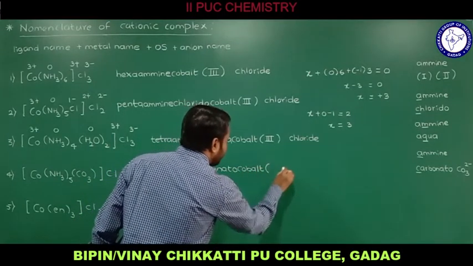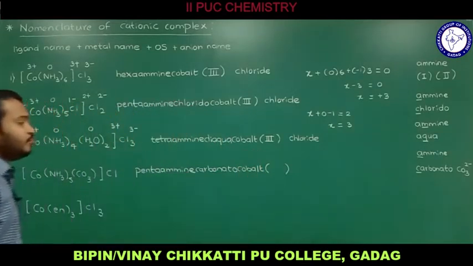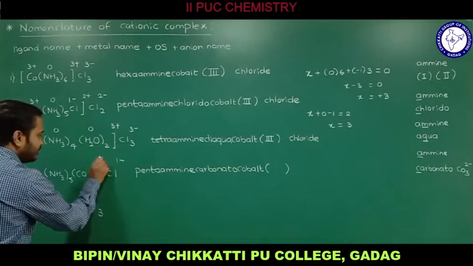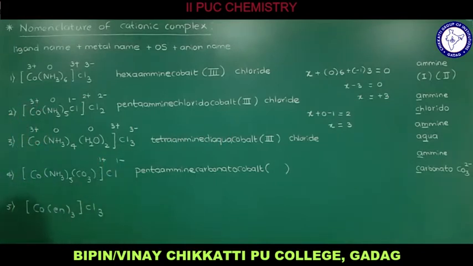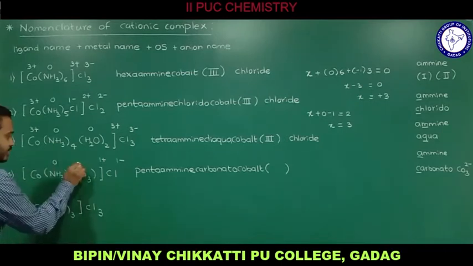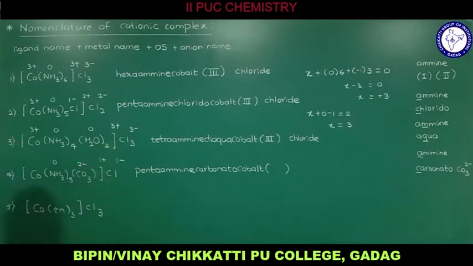We have cobalt, and after the name we need to write what actually the oxidation state is, in Roman number. Cl it is 1 minus, so the complex should be 1 plus. Okay, the total charge will be 1 plus. NH3 is a neutral ligand, isn't it? CO3 the charge will be 2 minus, as I mentioned, carbonato 2 minus it is. And what would be the oxidation state of cobalt?